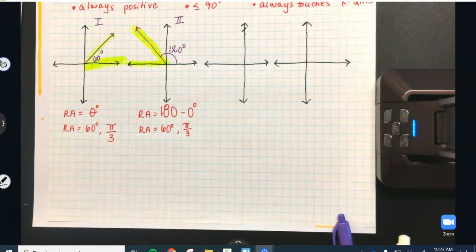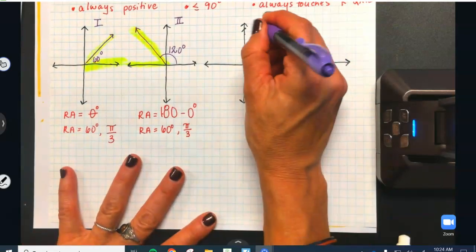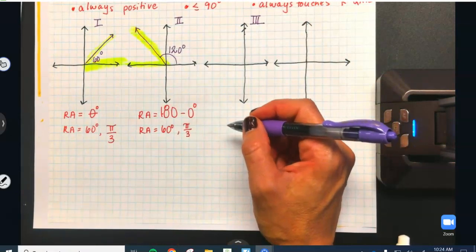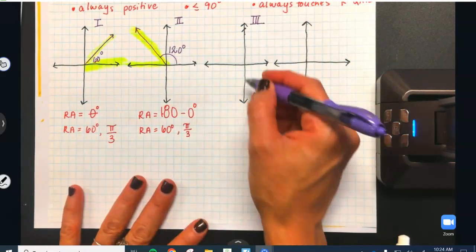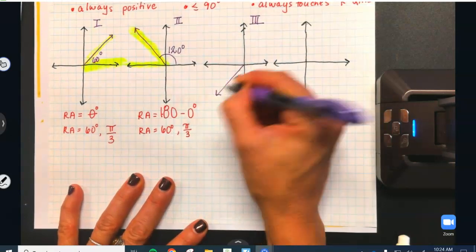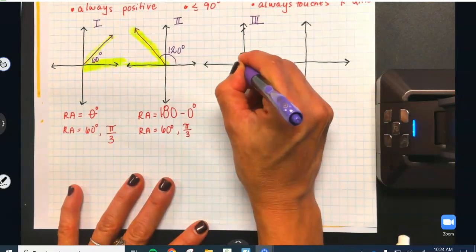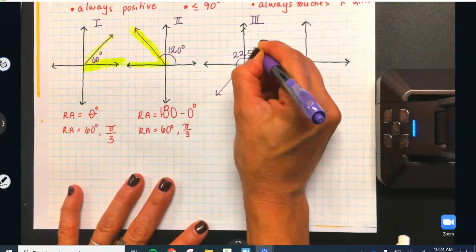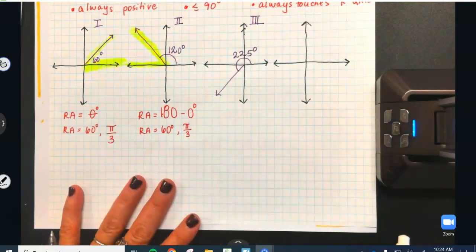All right, let's draw an angle in quadrant 3. Let's draw something different, not an increment of 60s. Let's do 225. So we drew an angle all the way over there, and it is 225 degrees.